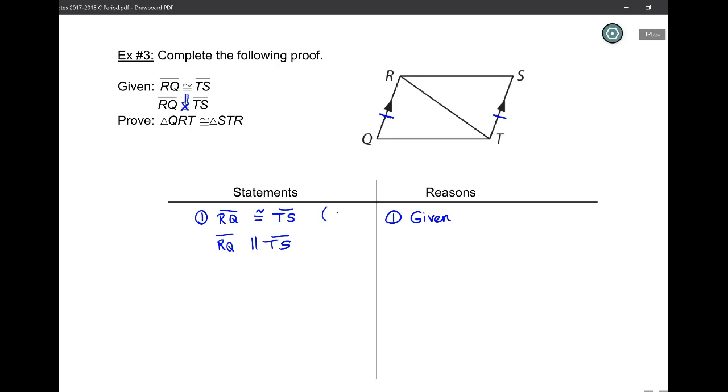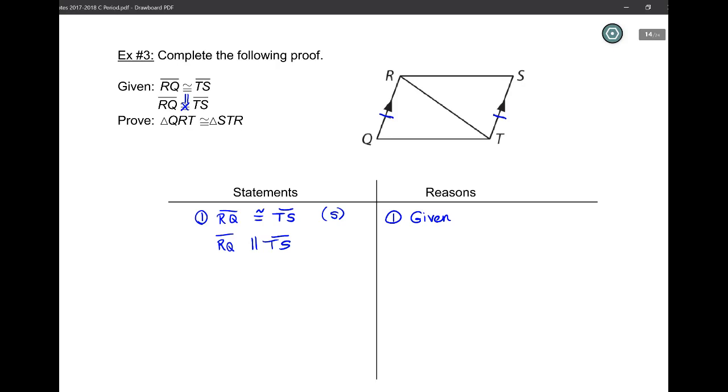Knowing that, I already have a pair of sides that are congruent. Now I have 2 ways that I can try to prove these 2 triangles are congruent. I can try to do side angle side or side side side. I only have 1 pair of sides, and those happen to also be parallel to each other, but I don't have another pair of sides until I look a little closer.